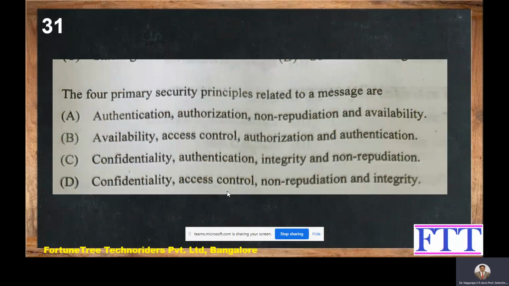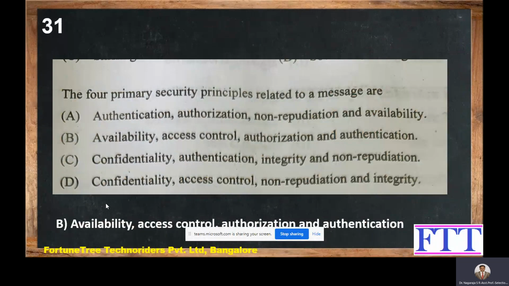Option C, confidentiality, authentication, integrity, and non-repudiation. Option D, confidentiality, access control, non-repudiation, and integrity. So the right answer is option B, availability, access control, authorization, and authentication.